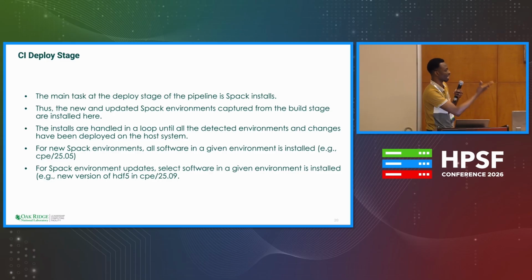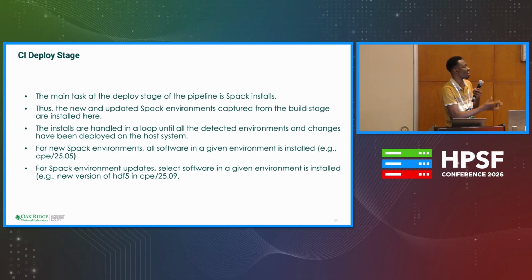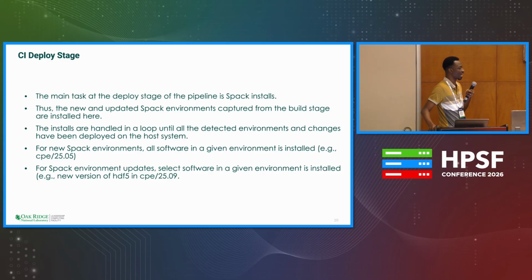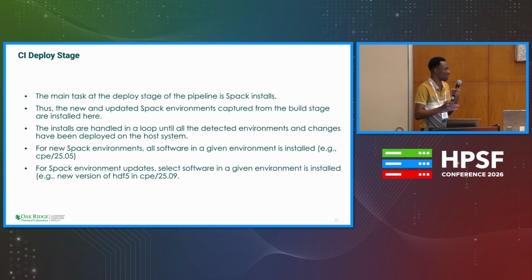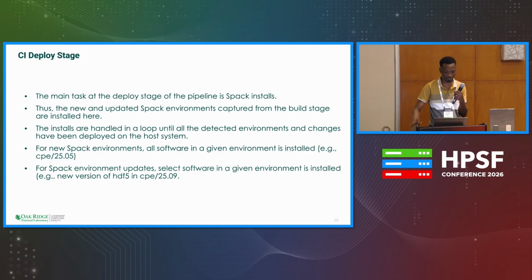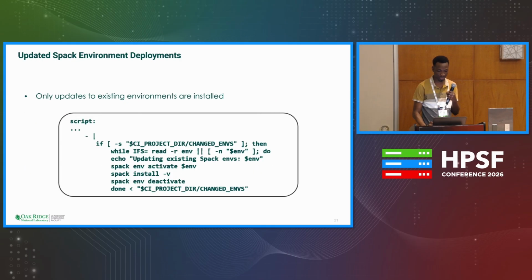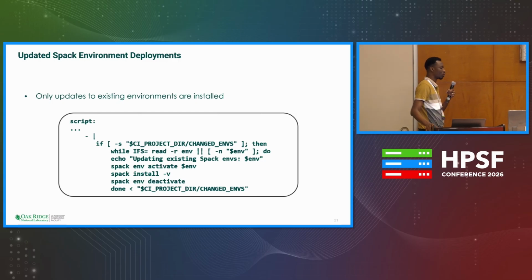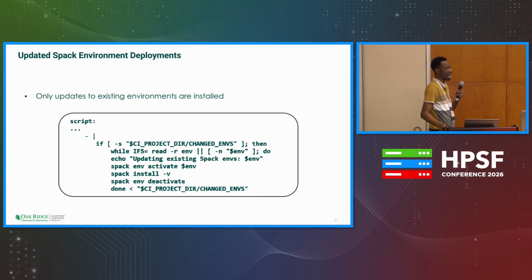Let's say, for example, a new version of HDF5 in CPU 2509 GPU or CPU. It's just going to go in and specifically install that version of HDF5 for us. With our repo, the Spack.log file and all these are up there already.